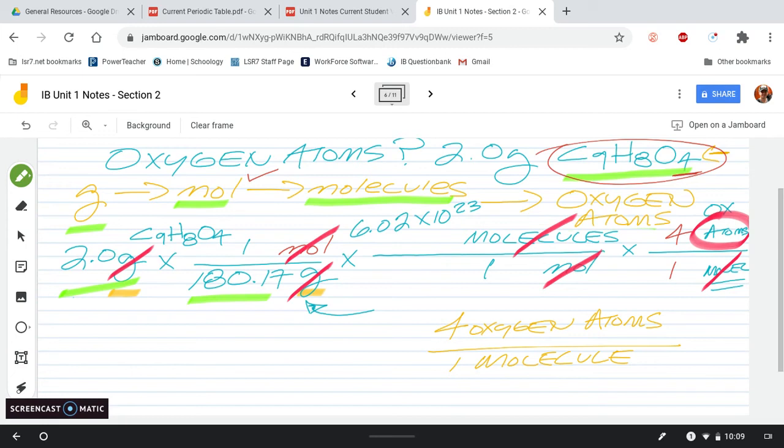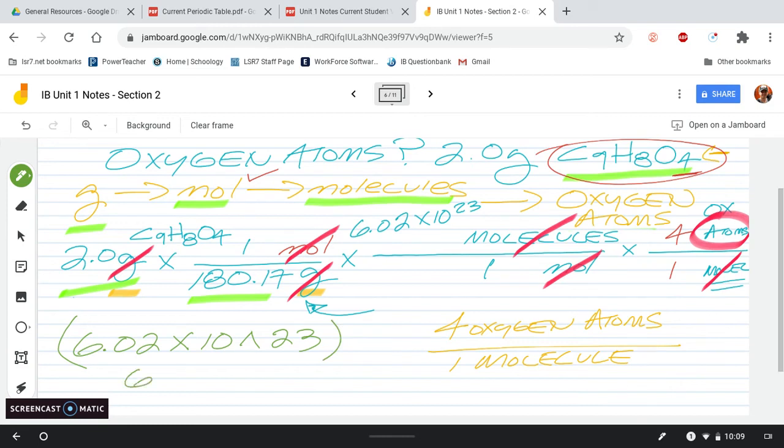So if you're entering 6.02 times 10 caret 23, you've got to put your stuff in parentheses, and you've got to get used to that or you're going to get answers wrong.